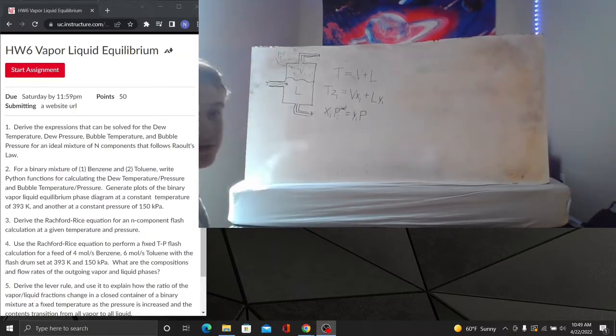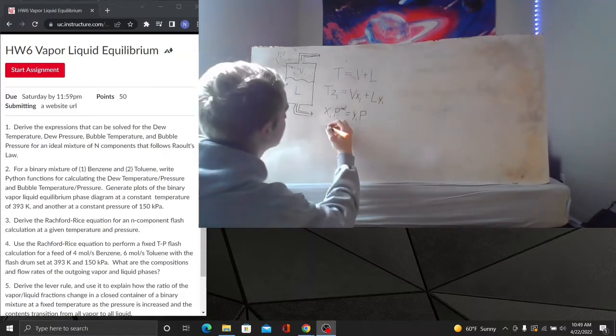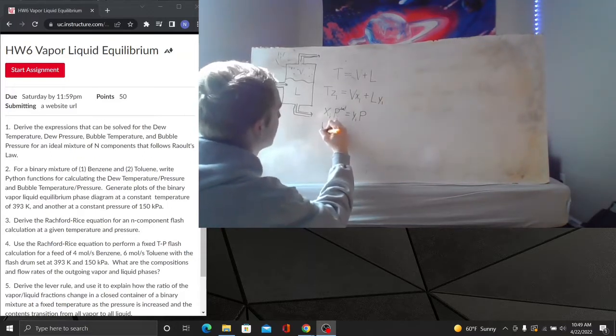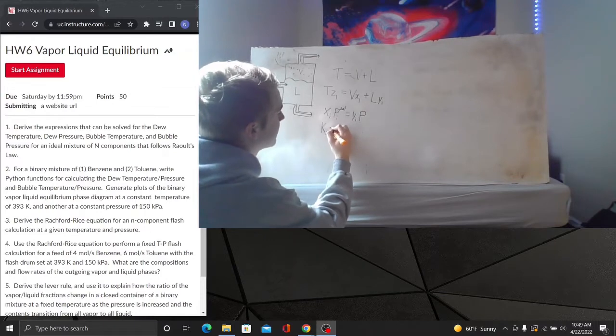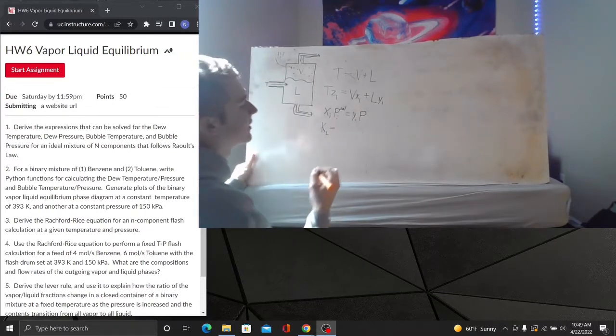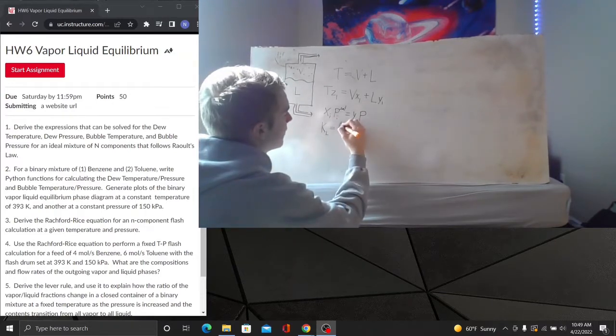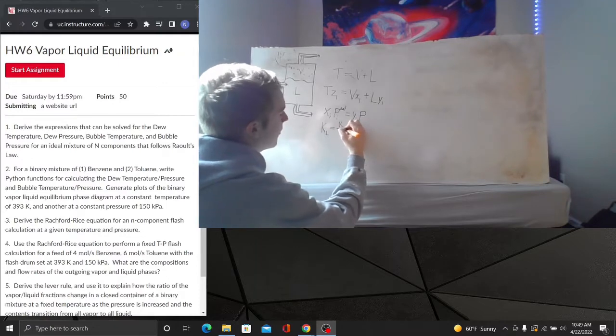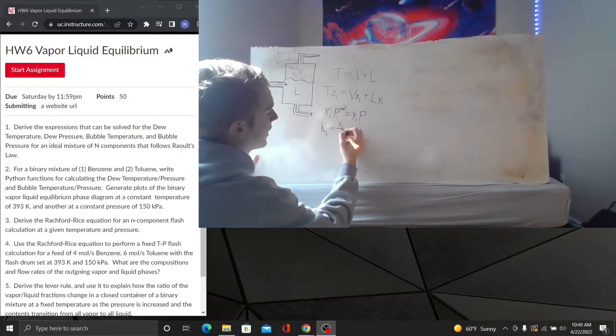We actually have a variable, k, that represents the ratio between the two mole fractions.